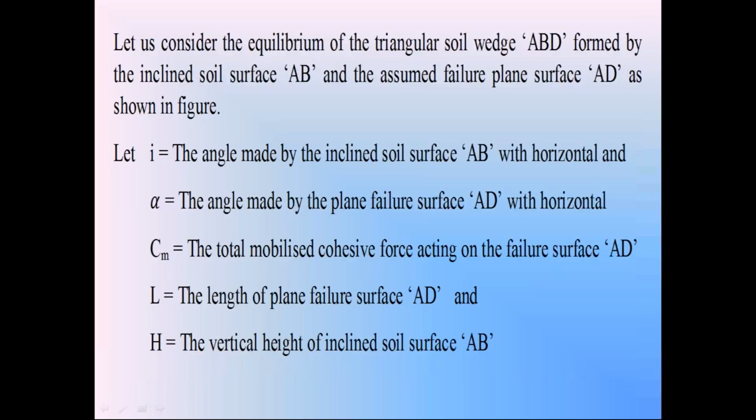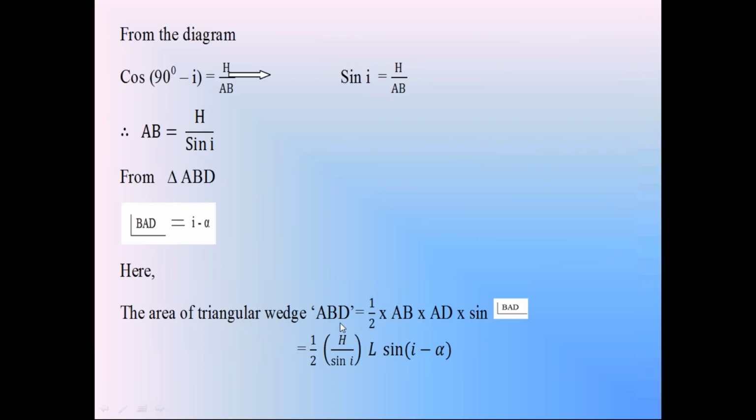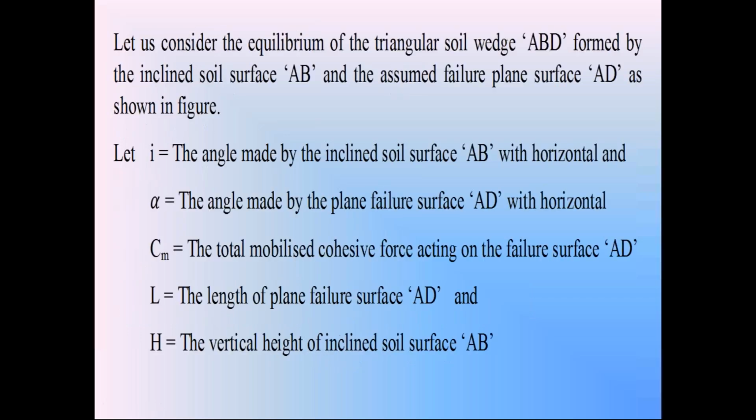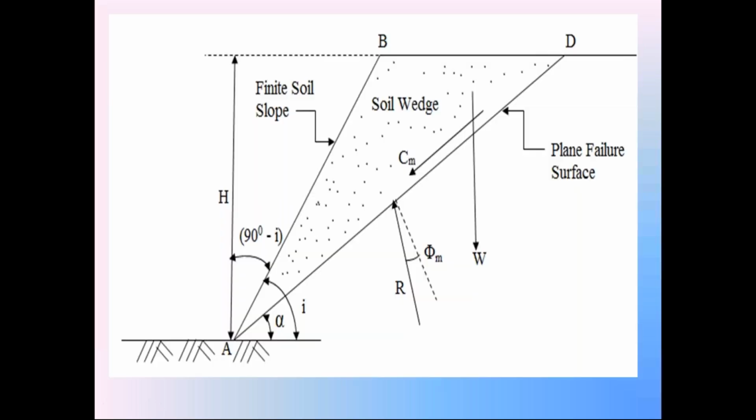We have the formula in trigonometry: the area of the triangle ABD is equal to half into AB into AD into sine of the angle at A, that is i minus alpha. In trigonometry, we have the area of a triangle equation between two sides of the triangle.